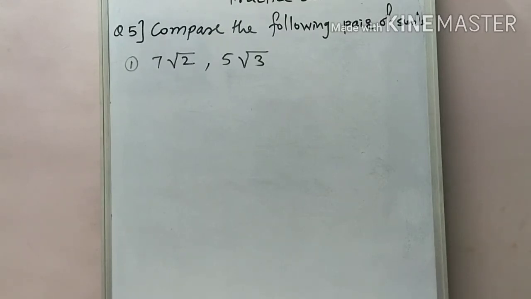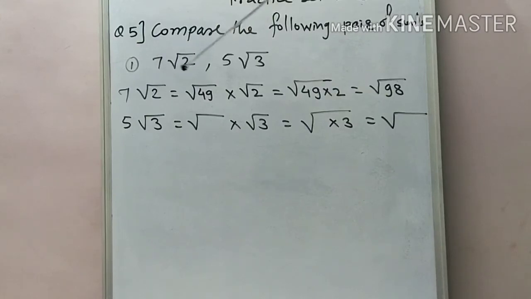To compare these two surds, first in 7 root 2, the 7 is the square root of 49. So the same number 7 we can write as root 49 into root 2. Here the order is the same, so we can multiply the radicands, root 49 into 2. So the answer is root 98, meaning the value of 7 root 2 is root 98.